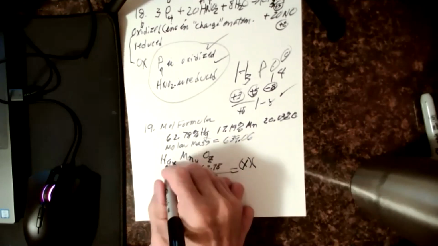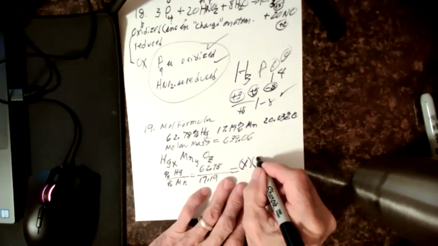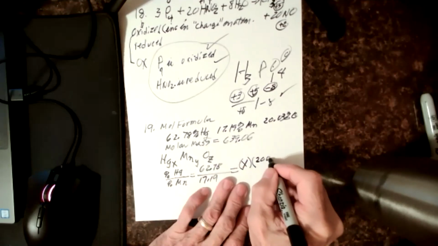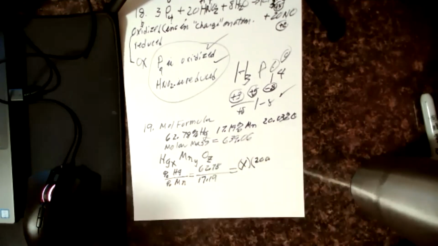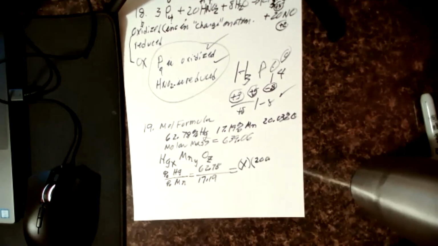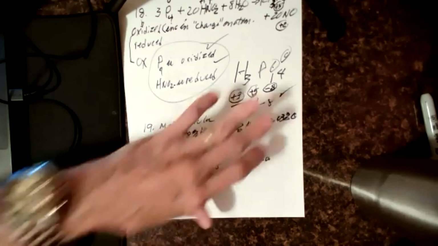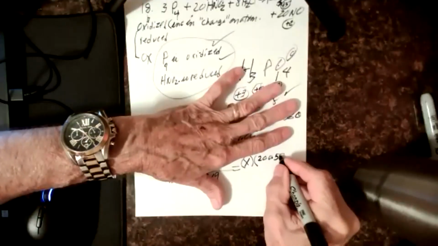And the molecular weight of mercury is 200 point something or other. I've used them so many times that I've got a lot of them memorized. Mercury is not one of them. 200.59.